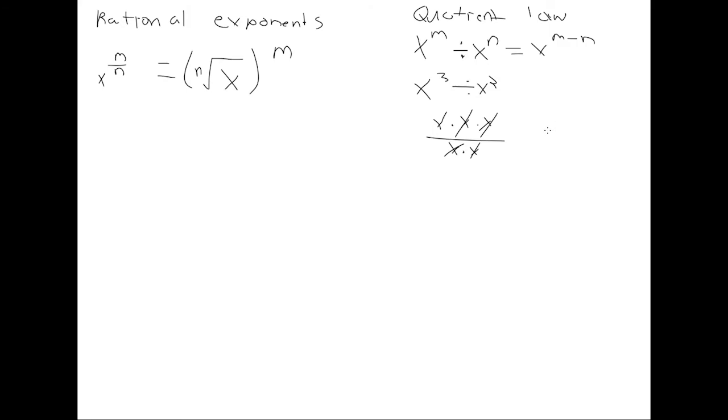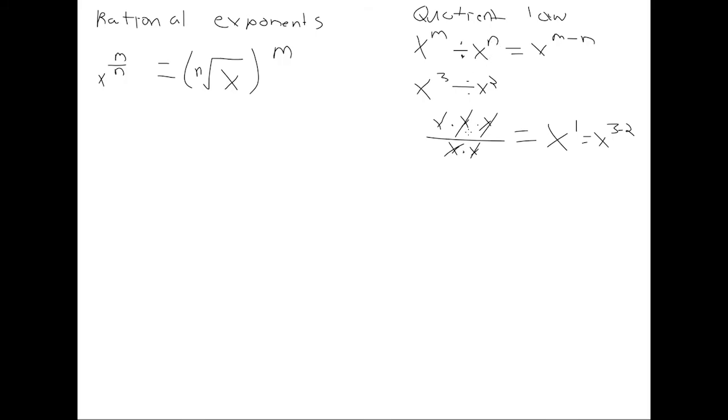You're basically saying it equals just x to the 1 power, which is the same thing as x to the 3 minus 2. So the reason this works is because the numerator is going to be whatever m is, right? And the denominator is going to be whatever n is. So the numerator is going to be x times itself m times, and the denominator is going to be x times itself n times.